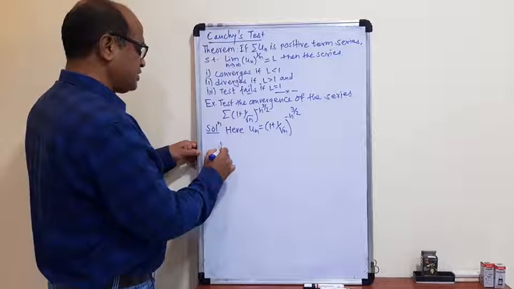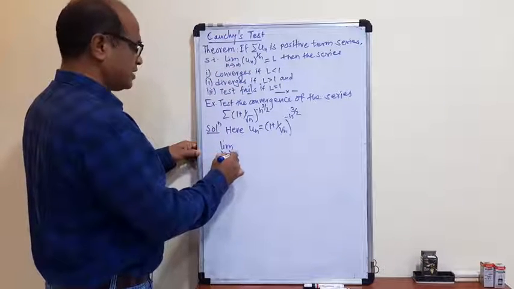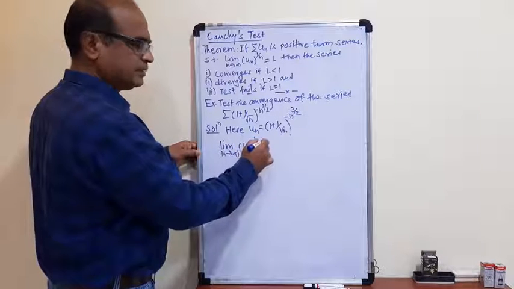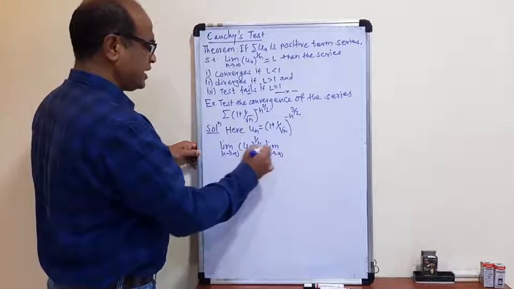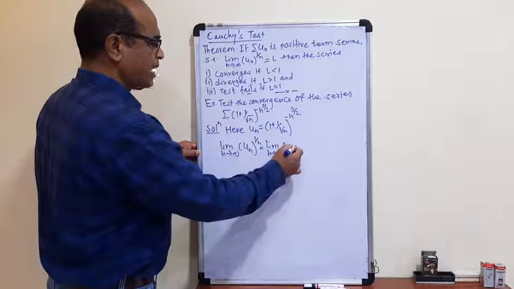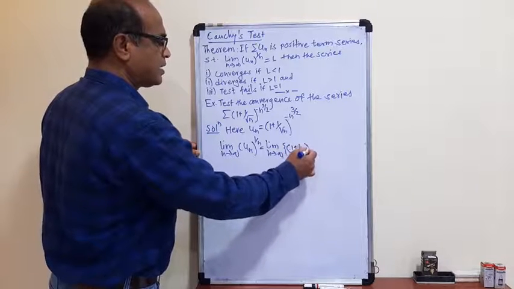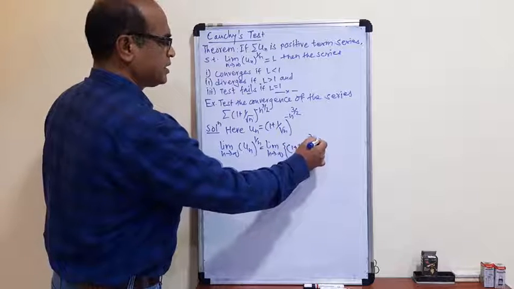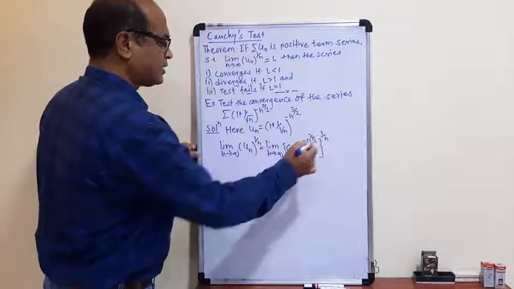So then what is the limit? We first find the limit as n tends to infinity of un raised to 1 upon n. What is un? Un is this. So this is limit as n tends to infinity of (1 plus 1 upon root n) raised to minus n raised to 3 by 2, raised to this 1 upon n.